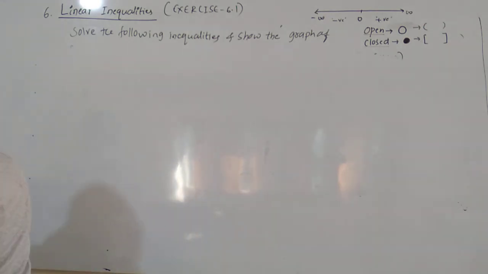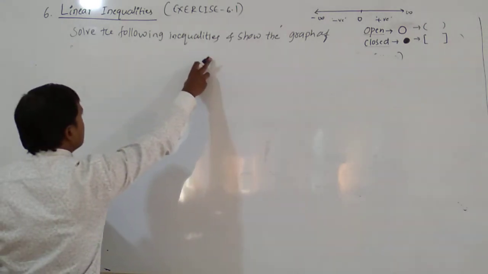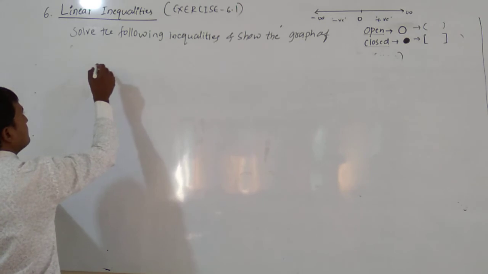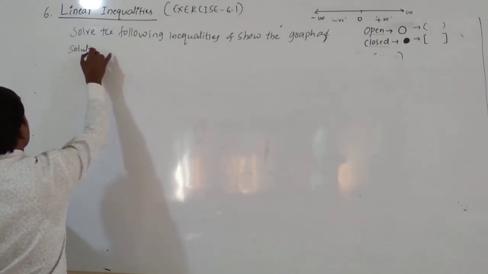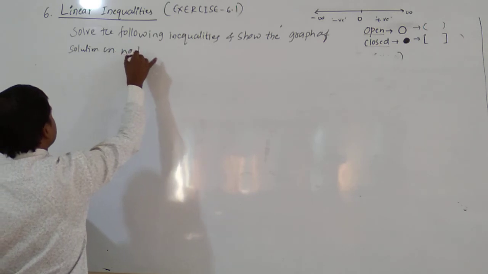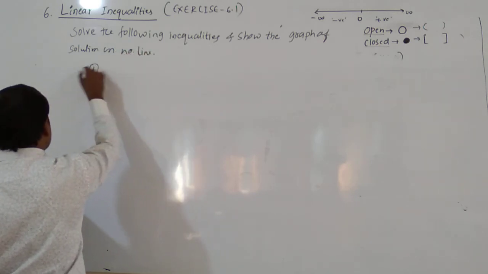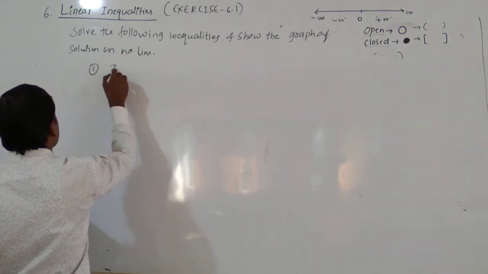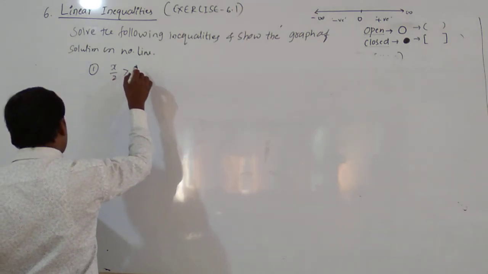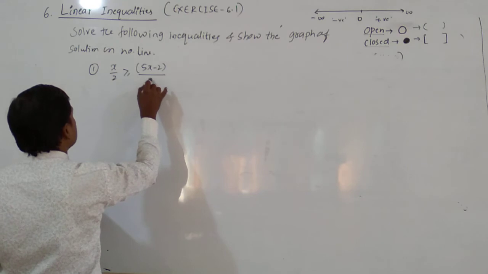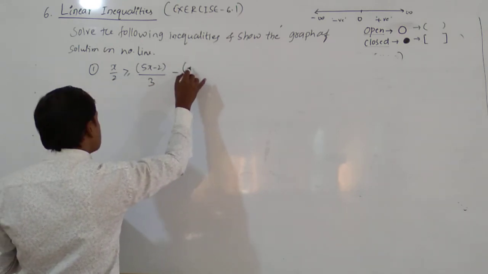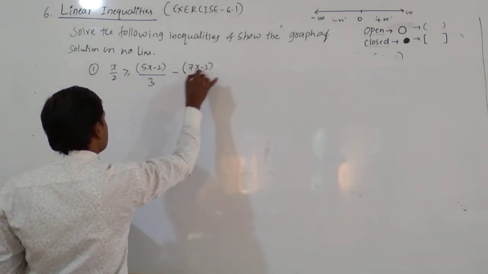Here, solve the following inequalities and show the graph of the solution on a number line. In that, the first homework: x by 2 is more than or equal to 5x minus 2 divided by 3 minus 7x minus 3 divided by 2.